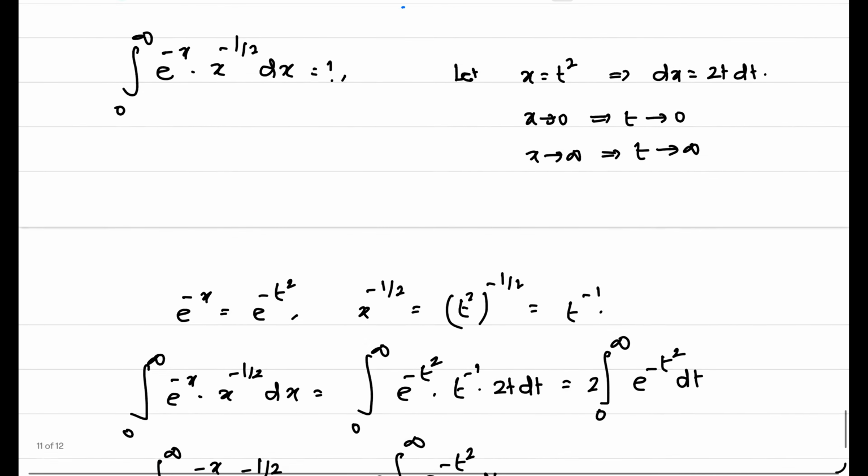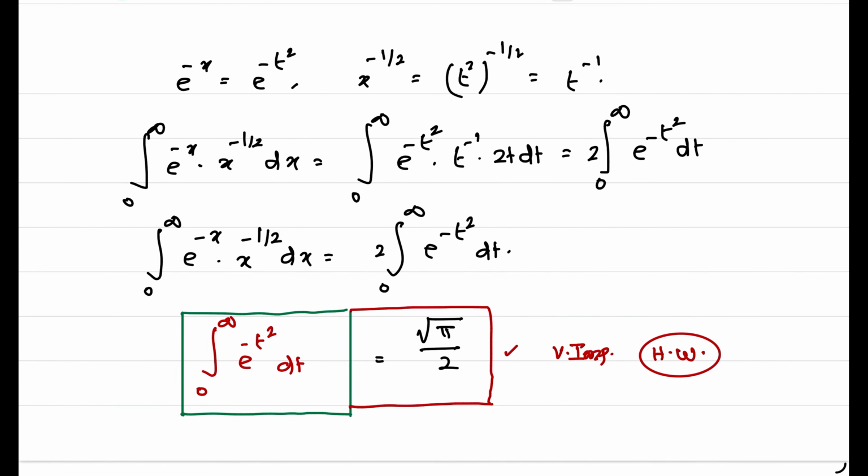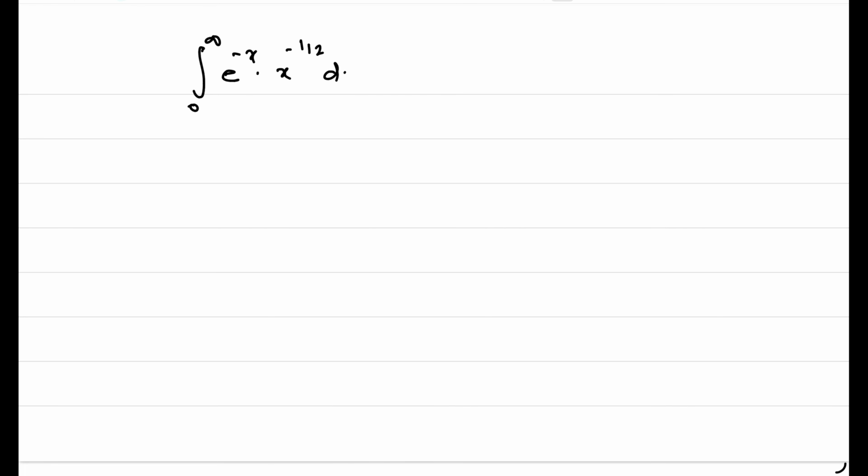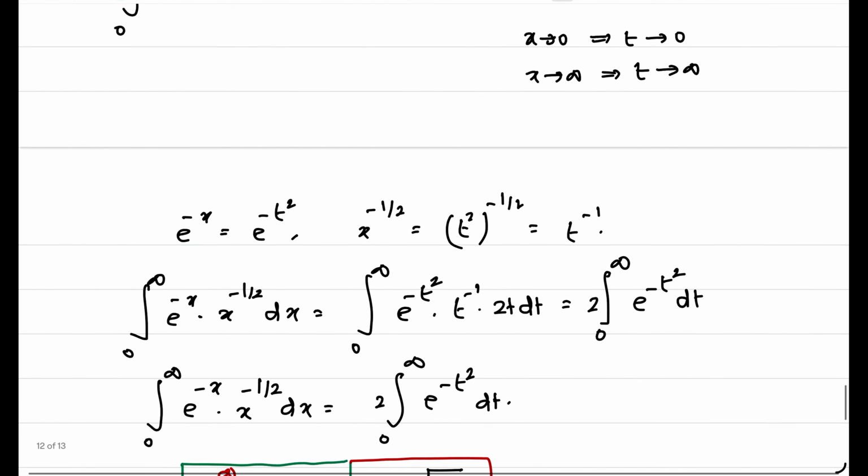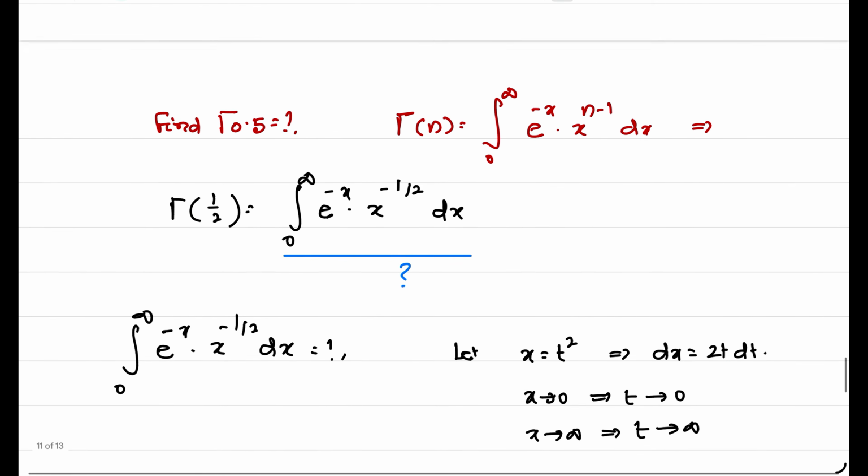Now, ultimately, integral 0 to infinity e to the power of minus x into x to the power of minus half dx is equal to 2 into square root of pi by 2. That value is square root of pi. This is also a very important result. These are all very important results. Please remember them.